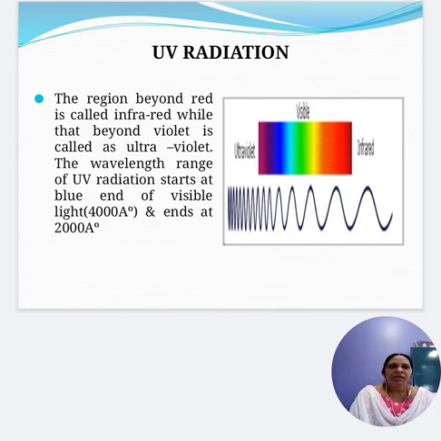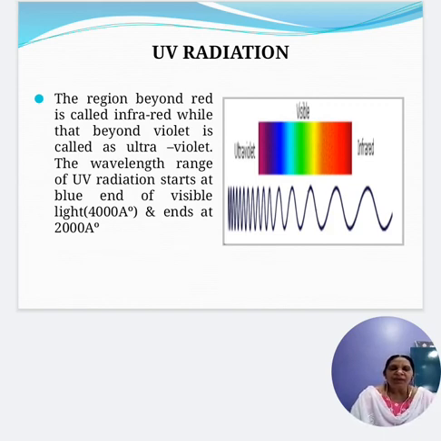Before going into the detail of what UV spectroscopy is, I would like to remind you once again what UV radiation is. We have the electromagnetic spectrum which extends from cosmic rays to radio waves, shortest to longest wavelength.